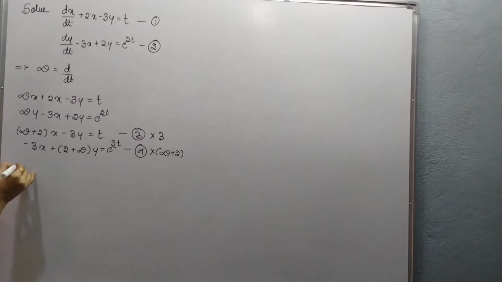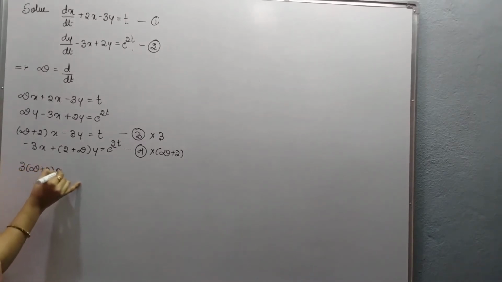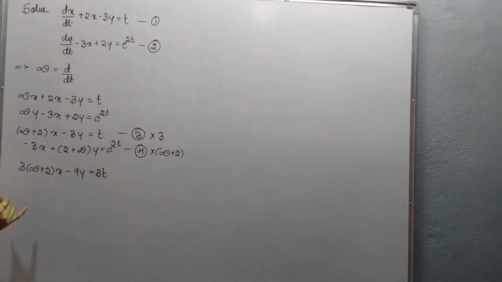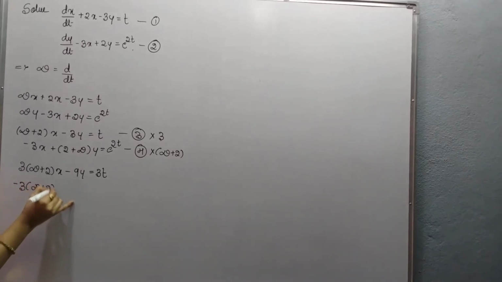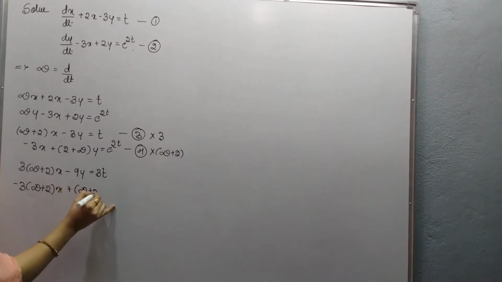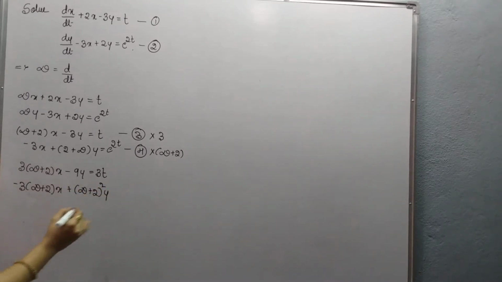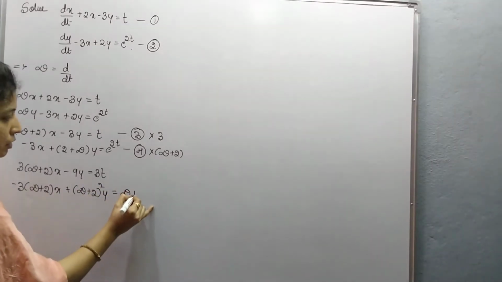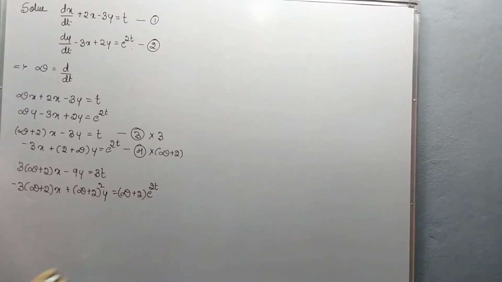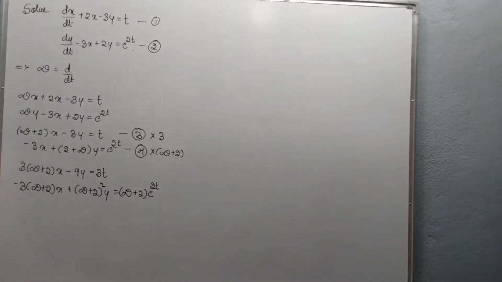Then equation 3 becomes 3(D + 2)x - 9y = 3t, and equation 4 becomes -3(D + 2)x + (D + 2)^2 y = (D + 2)e^(2t).